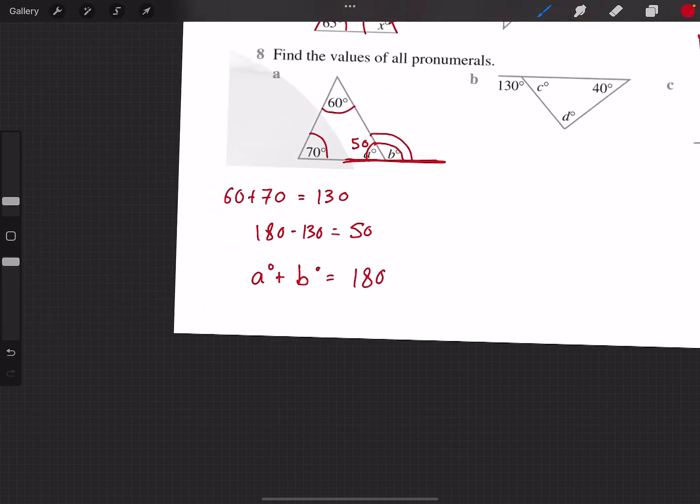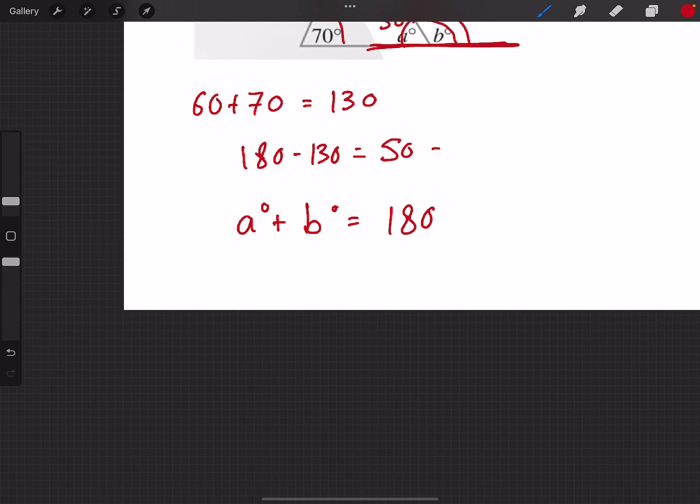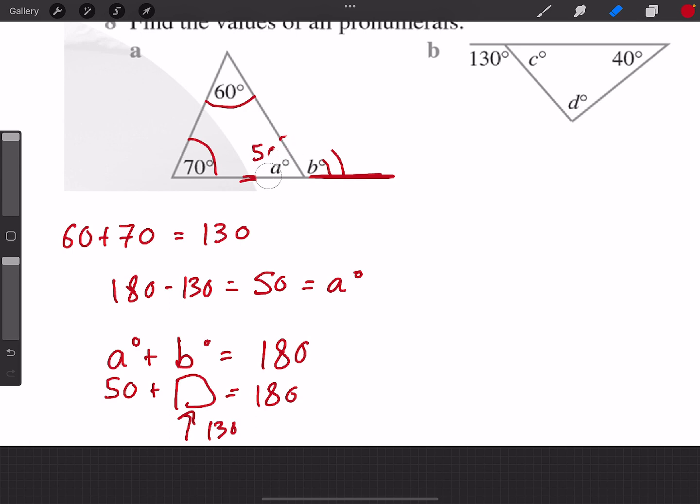So if A is 50 degrees, then 50 plus some angle is equal to 180. Obviously, this is going to be 130. So this is 50 and this is 130. Done.